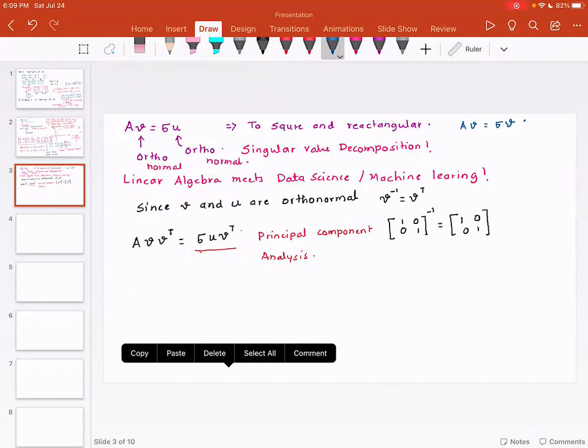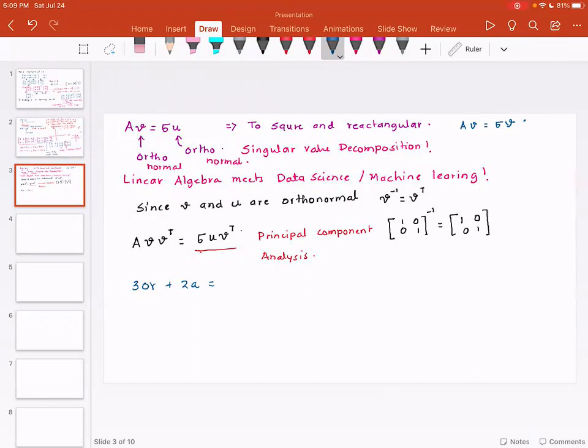Now I have 3 oranges plus 2 apples is equal to, say, $10. 4 oranges plus 3 apples is equal to $15. And then maybe I have 2 oranges plus 1 apple is equal to $5.